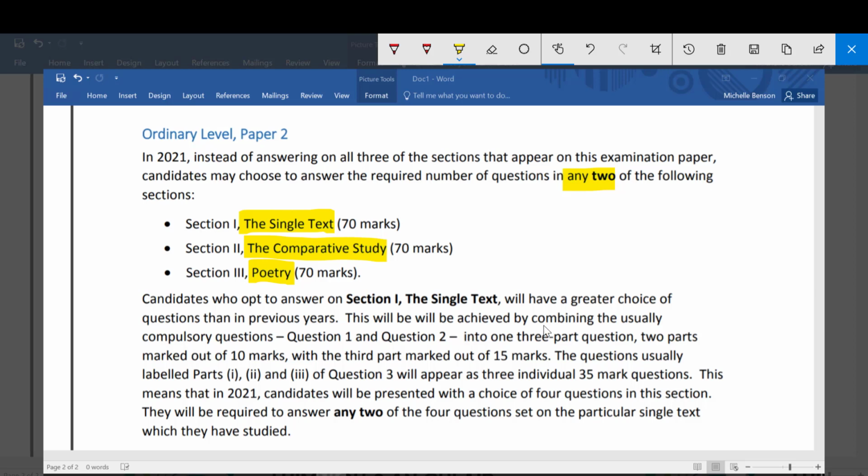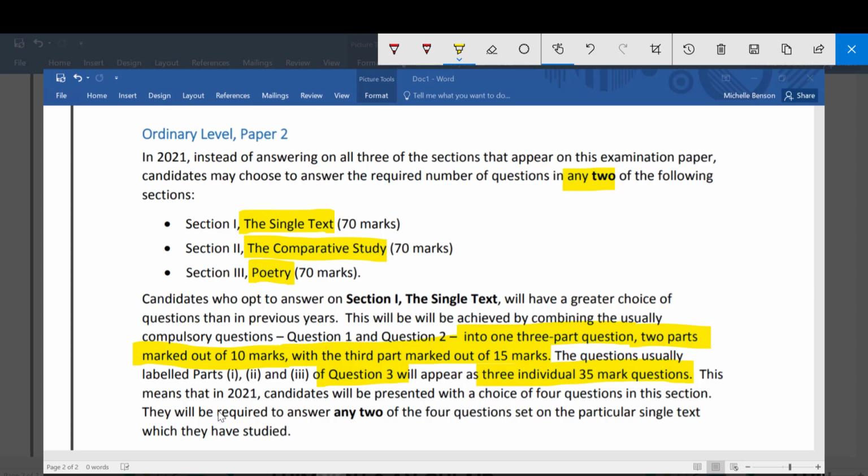This will be achieved by combining the usually compulsory questions, question 1 and 2, into one 3-part question, 2 parts marked out of 10 marks, with the 3rd part marked out of 15 marks. The questions usually labelled part 1, 2 and 3 of question 3 will appear as 3 individual 35-mark questions.